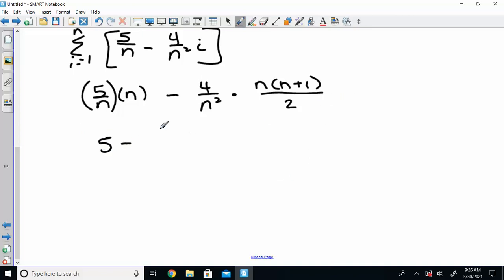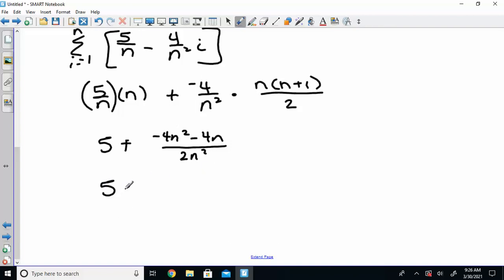Okay. I'm just going to go ahead and distribute all this out to show you exactly what's going on. So if I distribute a negative 4 over n squared here, that gives me a negative 4n squared minus 4n over 2n squared.